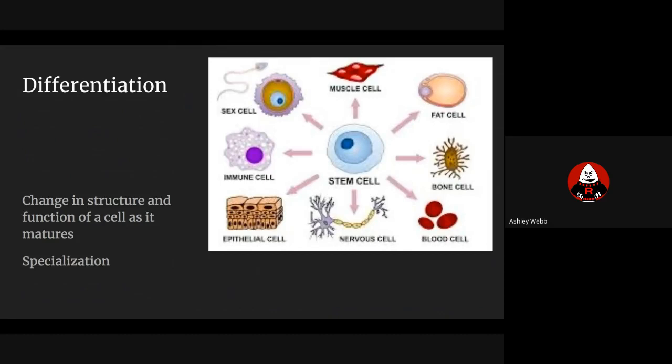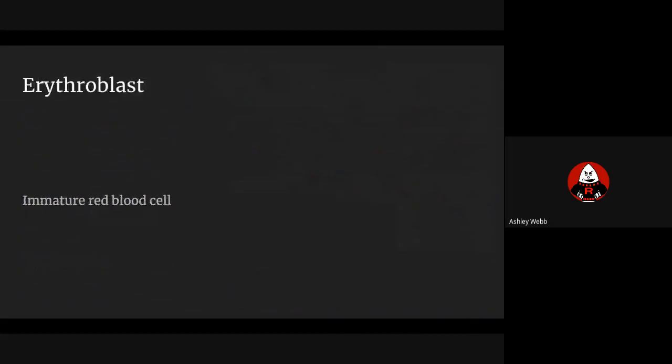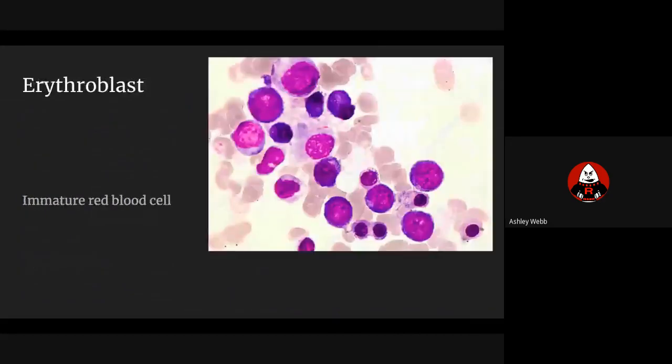And we also call it specialization. Erythroblast. Remember, erythro means red, blast means immature cell. So we have an immature red blood cell.